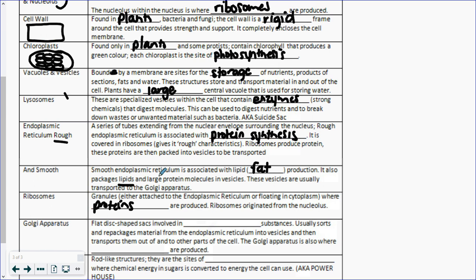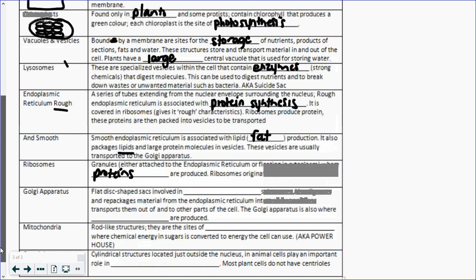So the Golgi apparatus is receiving different things from throughout the cell, but specifically things coming from the smooth endoplasmic reticulum. And these are flat disc-shaped sacs involved in transporting substances.